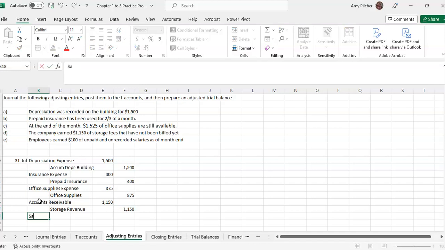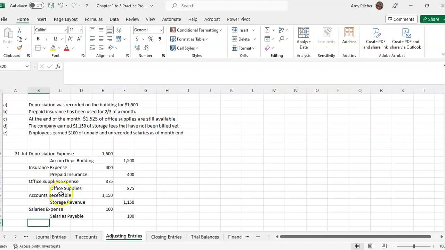And then we have salaries expense of $100 because our workers have earned money, but we aren't going to pay them until the next month, giving us a salaries payable of $100. So those are our adjusting entries. We're going to record those to our T accounts so we get updated balances.